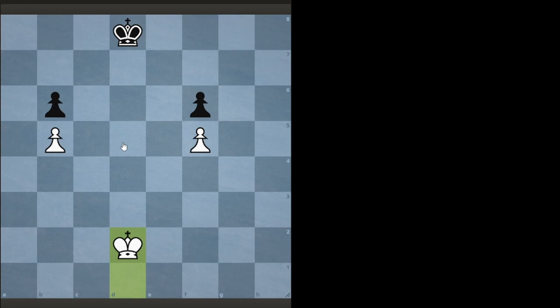Now, after d5, the correspondence square is d7. After the white king reaches the square h5, in order not to allow the white king to infiltrate even further, the black king must stay on any of these squares. Both are good enough, both are actually possible to reach. Either g7, or h7. And that's it.